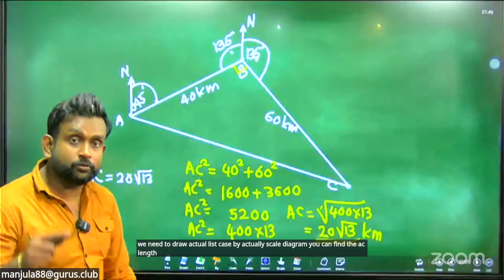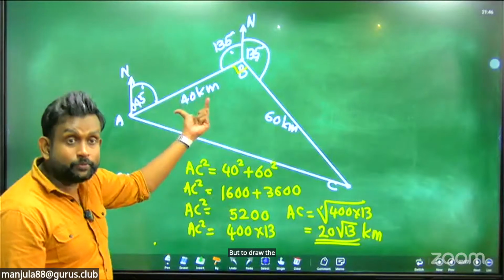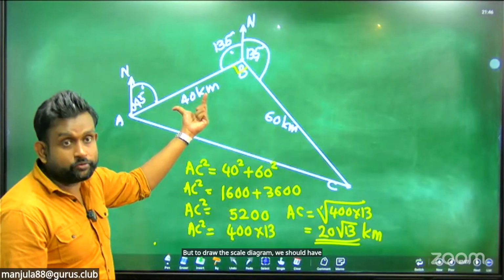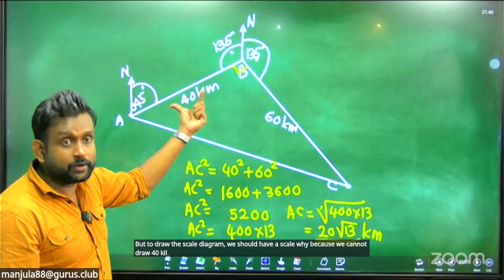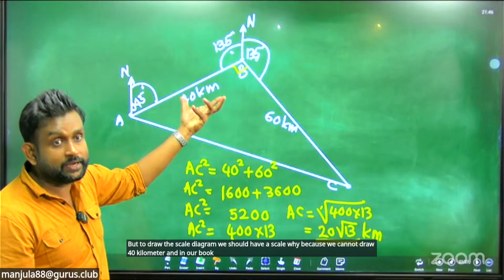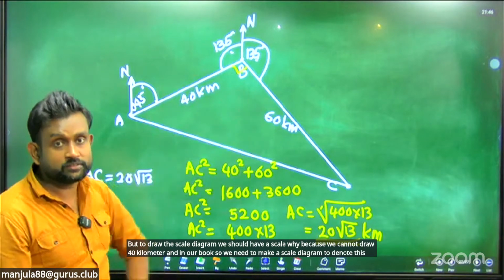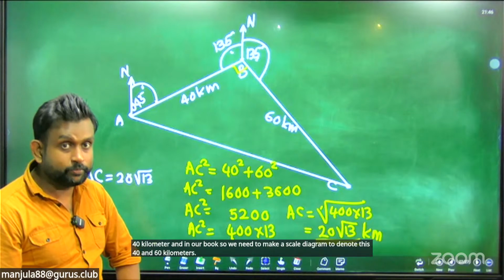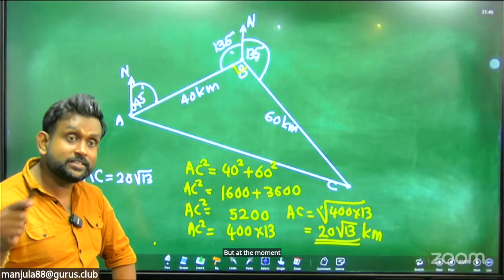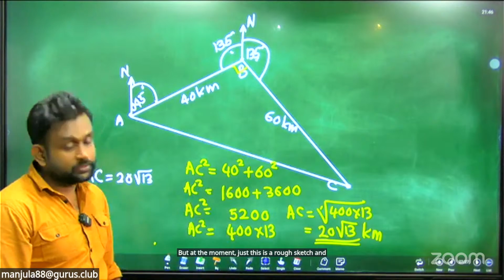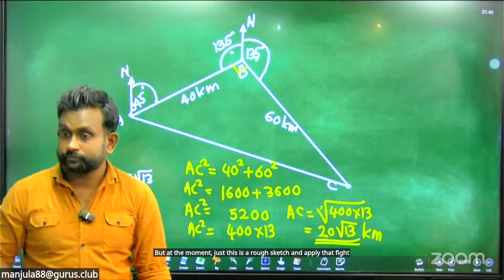But to draw the scale diagram, we should have a scale. Why? Because we cannot draw 40 kilometers in our book. So we need to make a scale diagram to denote these 40 and 60 kilometers. But at the moment, this is just a rough sketch and we apply the Pythagoras theorem.